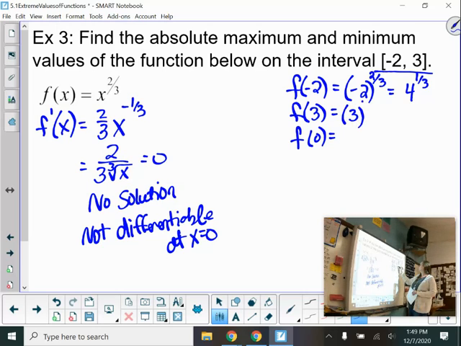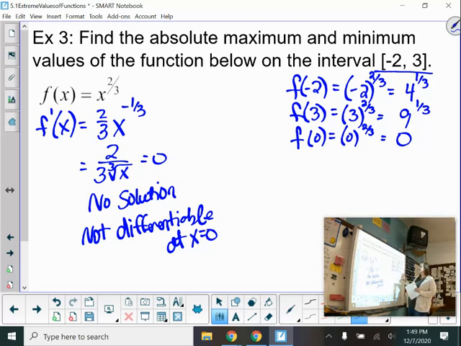This one, 3 to the 2/3 power, is 9 to the 1/3 power. Well, 9 to the 1/3 power is greater than 4 to the 1/3 power, so this would be my leading candidate right now for maximum. And then when I plug in 0, I get 0. 0 to the 2/3 power is just 0.